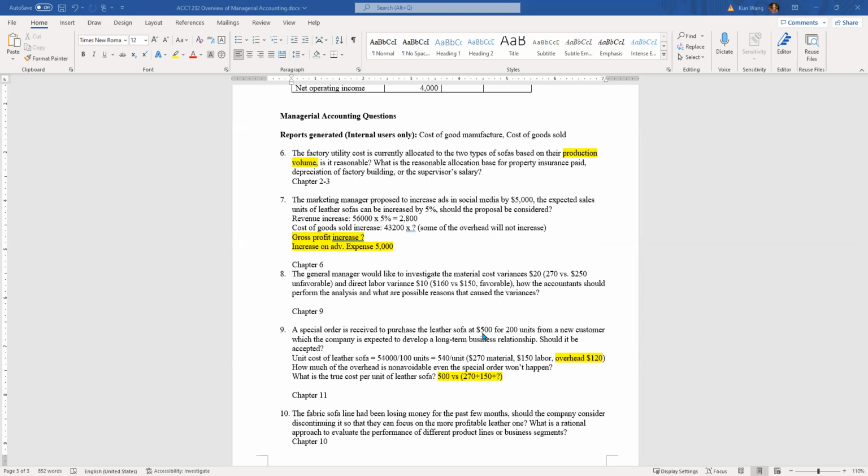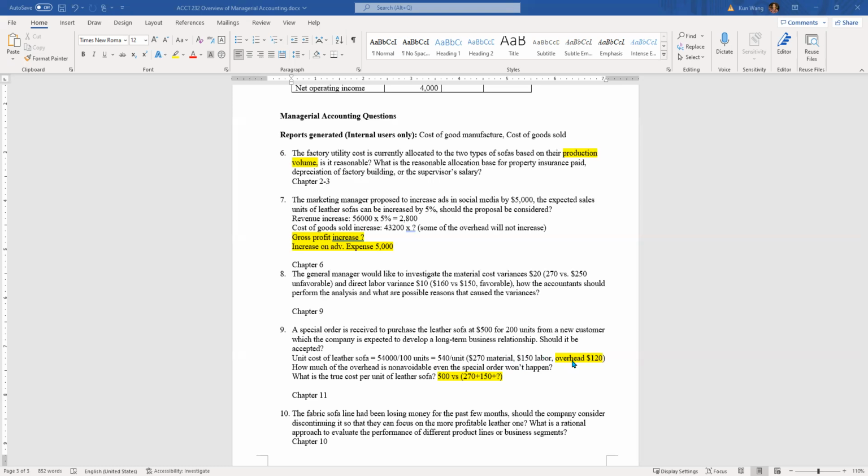But the additional thinking is, what's the true cost to make a sofa per unit? From our prior calculation in the transactions, we think it's $540 per unit, including material, labor, and overhead. I don't have any concern about the material and the labor. They are fixed. But again, the problem is the overhead.